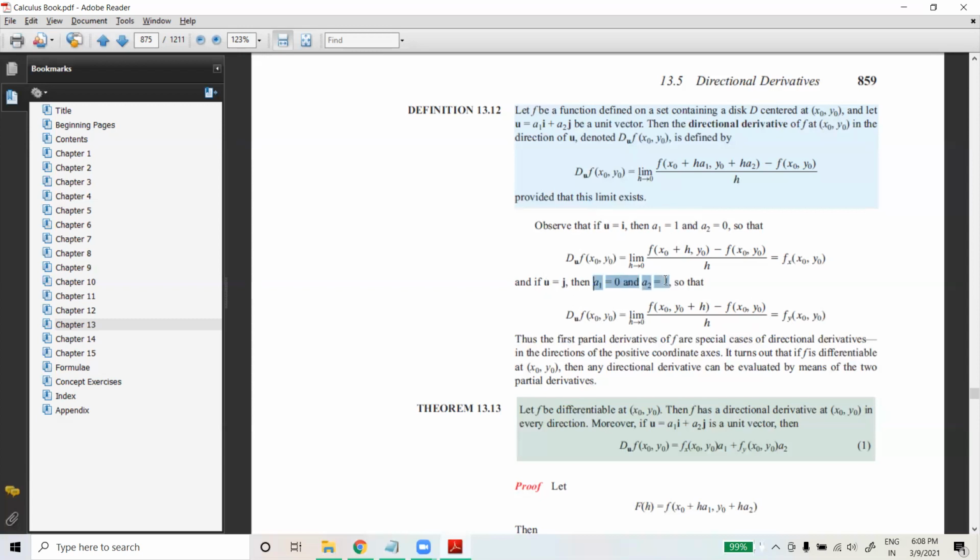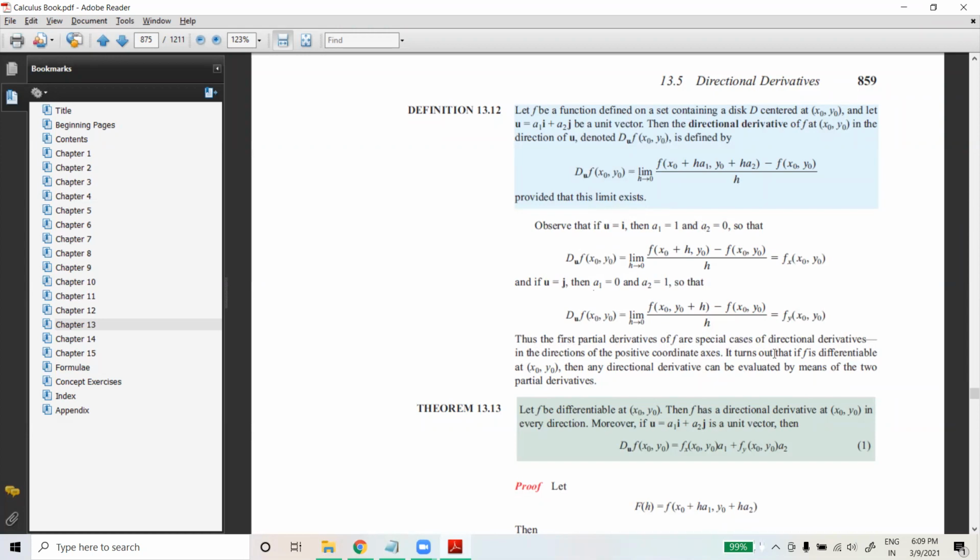Thus the first partial derivatives fx and fy are special cases of directional derivatives. Fx is a directional derivative along I, fy is a directional derivative along j, in the directions of the positive coordinate axes.